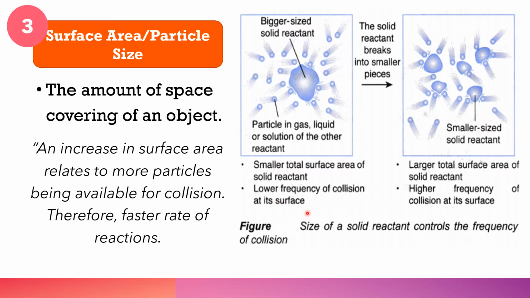Therefore, it will have a slow reaction. While if the solid reactant breaks into smaller pieces, giving a larger surface area, it will have a higher frequency of collision at its surface, therefore having a faster reaction.